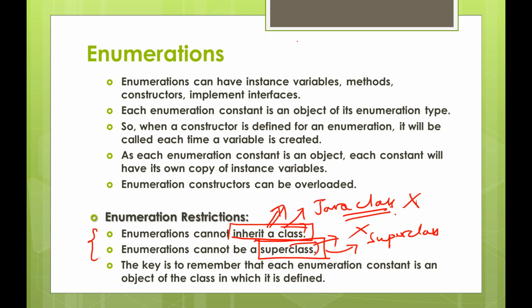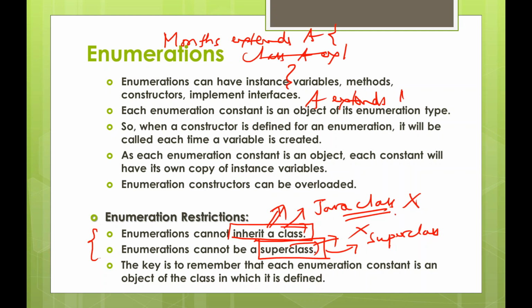So you cannot do it like this, say for example, class A extends Month, or Month extends A. These two things are not allowed. It cannot be a superclass, and it cannot extend any Java class. Those are the two restrictions.